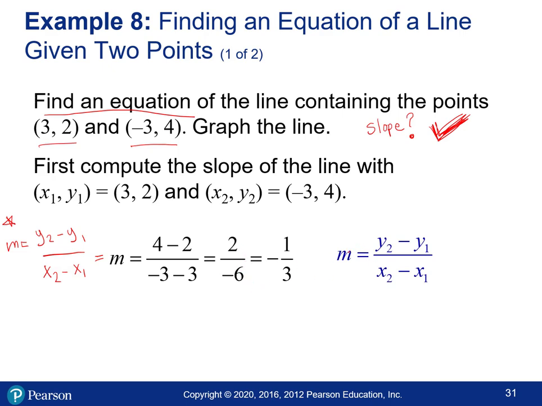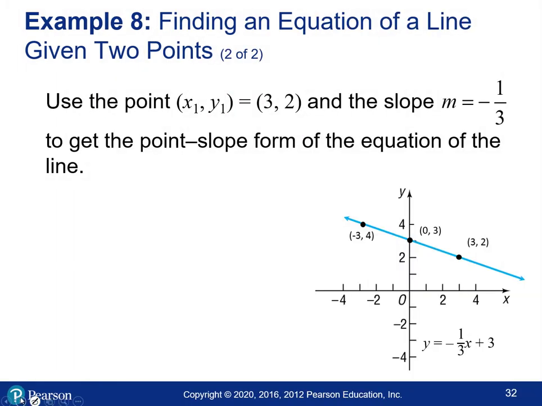Okay, so using our slope formula there. So we now have the slope. We know m. We also know 2 points on the line. We actually only need 1 if we want to find the equation and the slope.